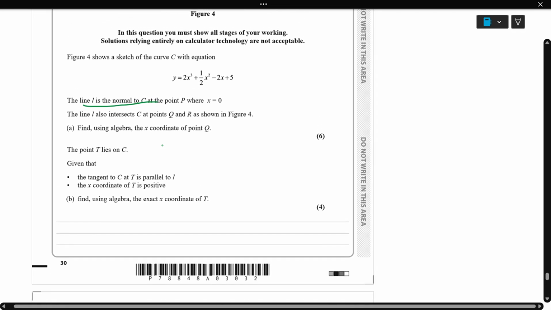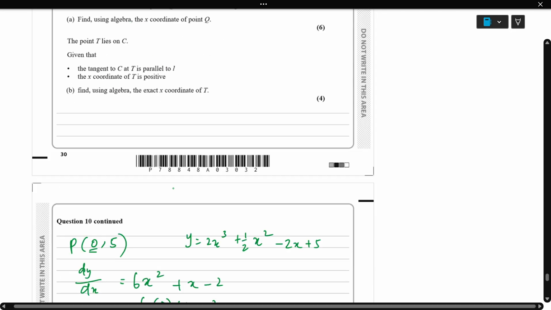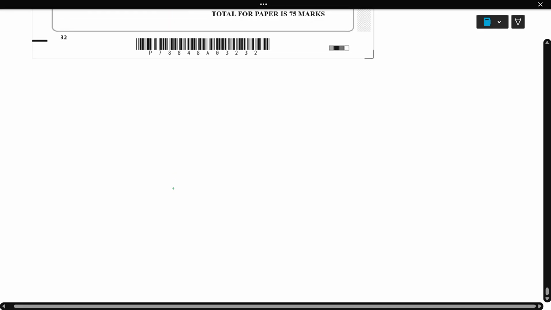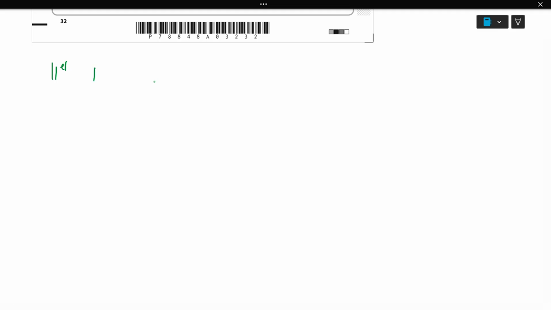We are taking parallel to L, so same gradient. Parallel to L, so the gradient equal to 1 by 2. So dy by dx equal to 1 by 2.